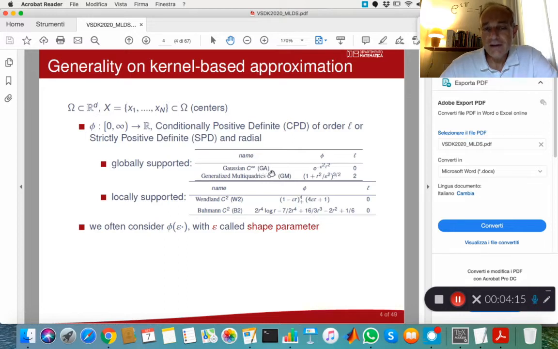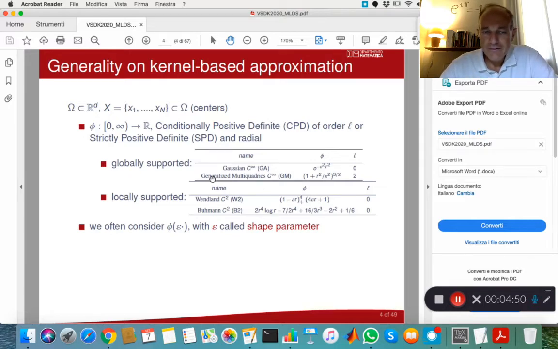We call it GA in the following, and the expression is based on a general variable r, which is the norm 2 of the point with respect to the origin. So you have this negative exponential, and L equals 0 shows that the function is strictly positive definite.